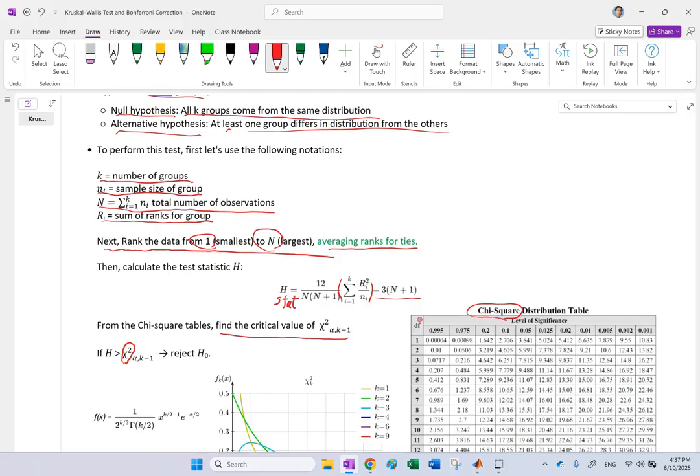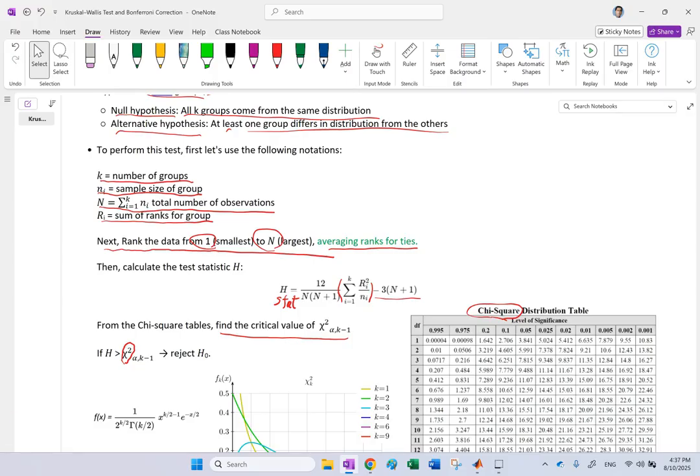In one of my future videos, I'm going to talk about chi-square and its applications. So far, the major distributions that we talked about are mostly the normal distribution and the student's t distribution that I used in a few of my previous videos. But there is also the chi-square distribution.